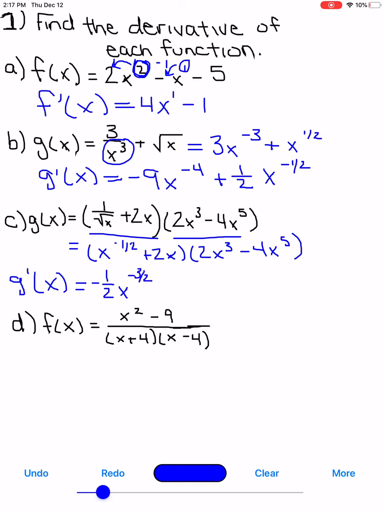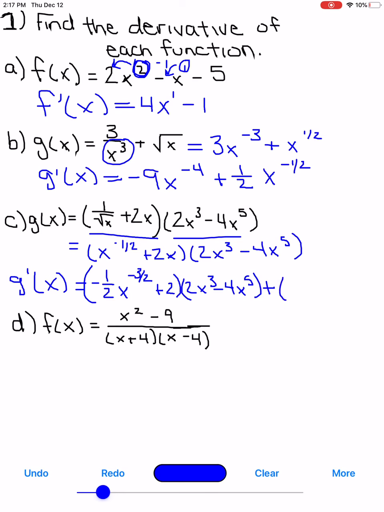And again, we're just using the power rule from here, plus 2 times the second, 2x cubed minus 4x to the 5th, plus the first times the second.